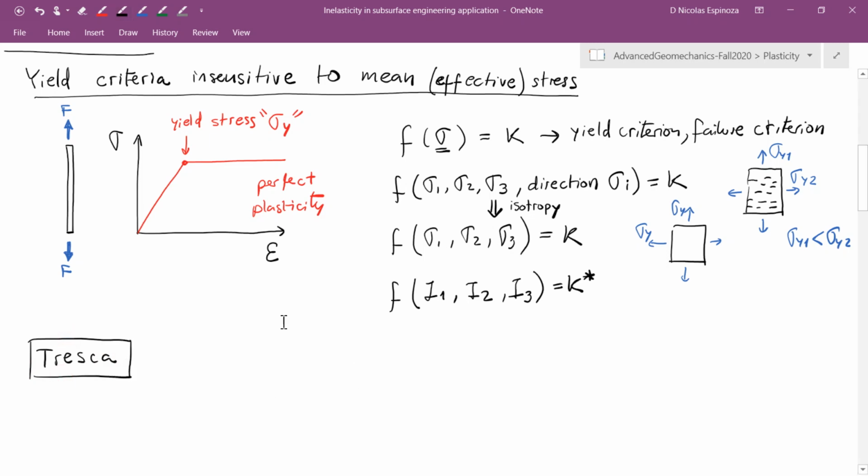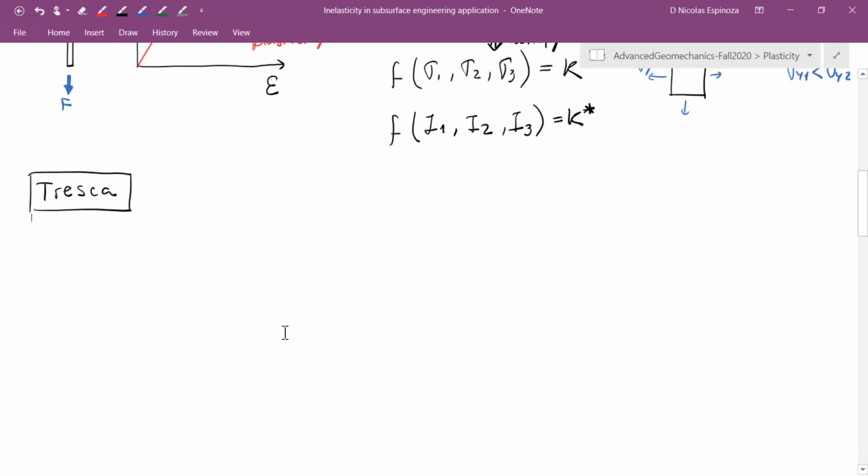In the Tresca yield criterion, what we do is we fix the maximum value for the difference between the maximum and the least principal stress. For example, let's draw some more circles here. Let me make this a little bit longer. Okay, we have effective normal stress, we have shear stress in here.